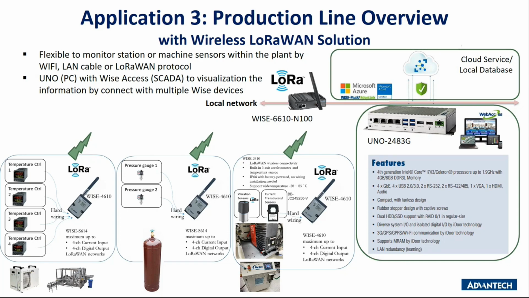And I think I have spoken about this before. This WISE module can be connected up to 4 channels of current input. And let's say on the left side, you can see the temperature sensor. If it is able to provide current output, then the LoRa WISE 4610 can be compatible and connect with this temperature controller, and it can do the proper scaling from our SCADA system, so that the actual temperature from this machine can be monitored.